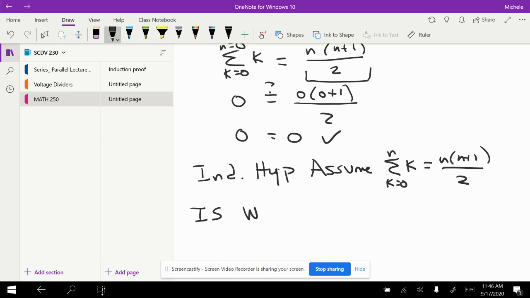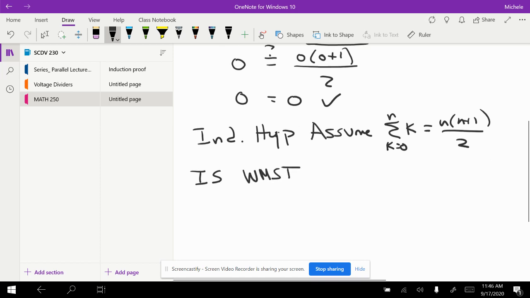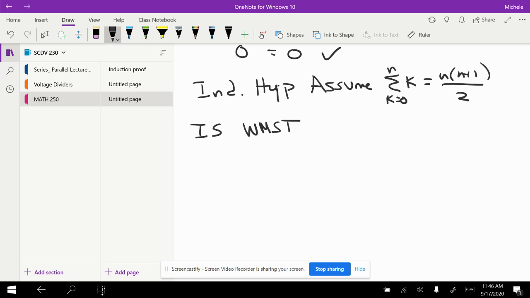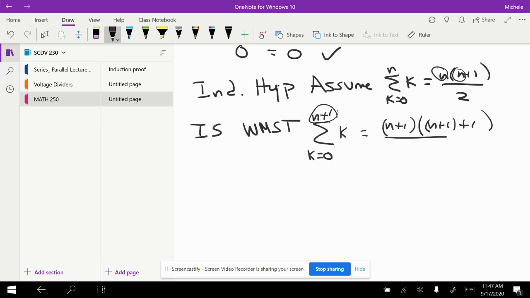We must show that the sum up to n plus 1 works. We're adding an element to our sum, and the induction assumes that if we can add an element and it still works, then it's going to work for all. So I'm plugging in n plus 1: n plus 1 times n plus 1 plus 1 over 2. That's what we're trying to show, so I'd put a little question mark there.